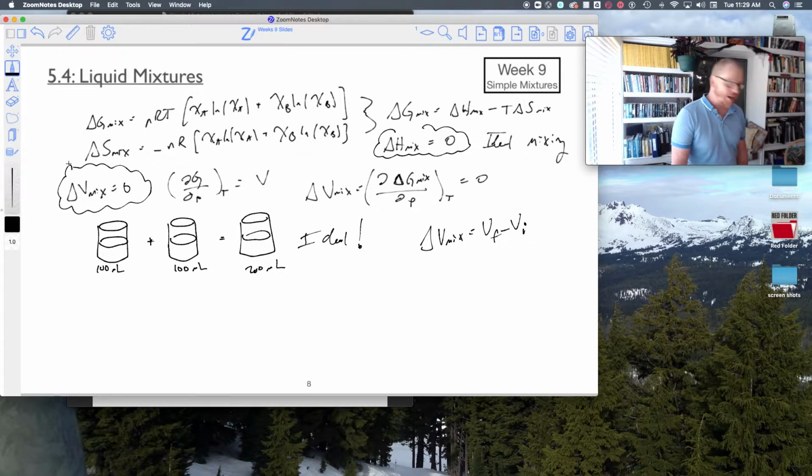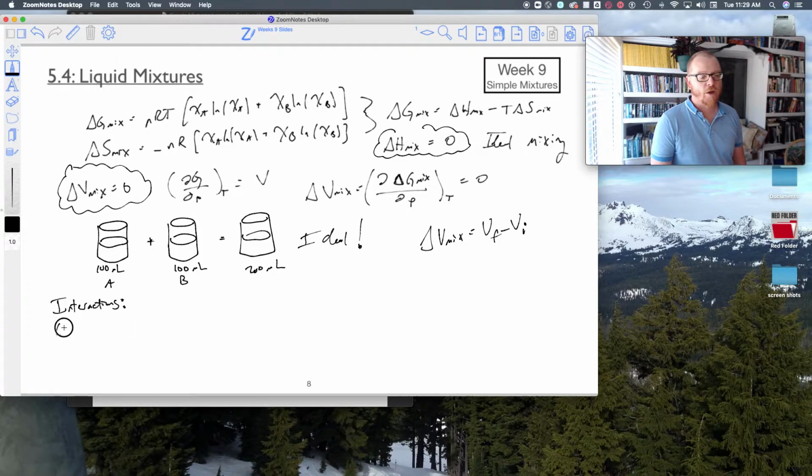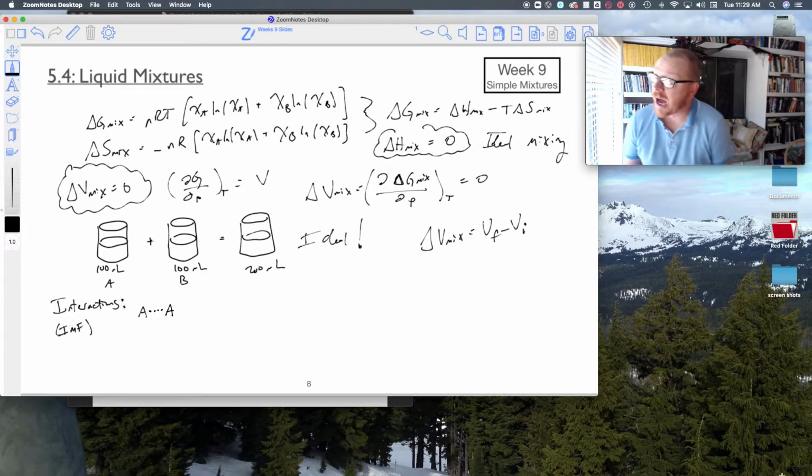The final one I want to talk about is the interactions, the intermolecular forces between these things. Suppose we had A and B that I was mixing. Now if we look at their interactions, or in other words their intermolecular forces, the IMF, there are going to be interactions between an A and an A. I'm going to draw that as a dotted line, dot, dot, dot, maybe like a hydrogen bond or something.